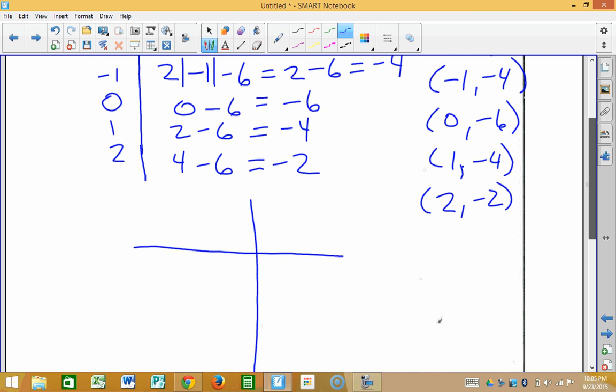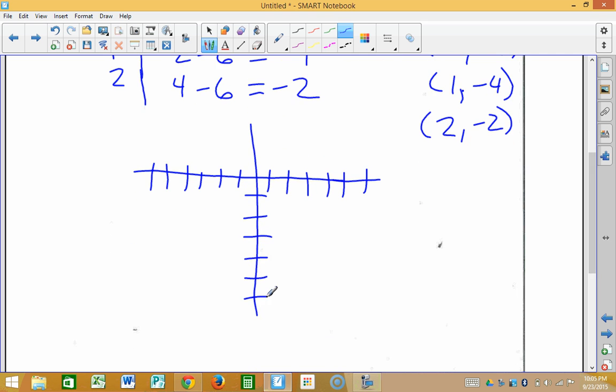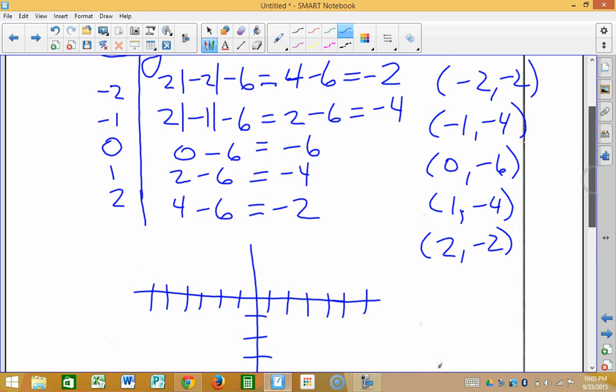All right, so negative 2: 1, 2, 3, 4, 5, 6. So negative 2, negative 2.